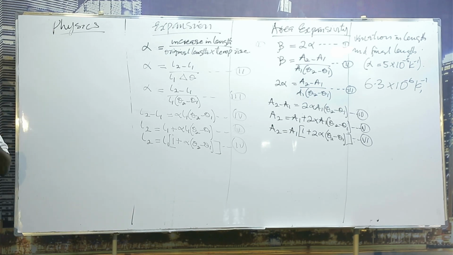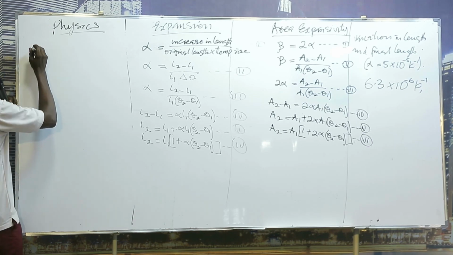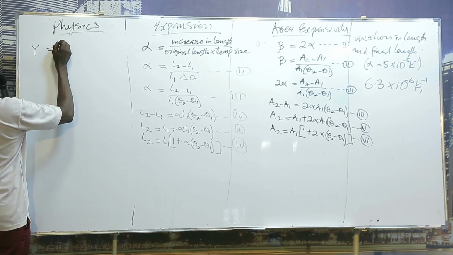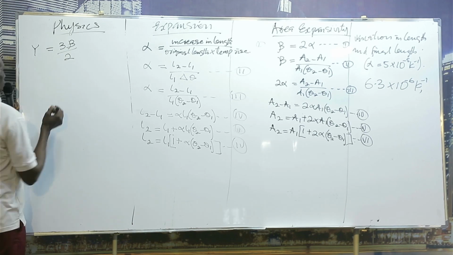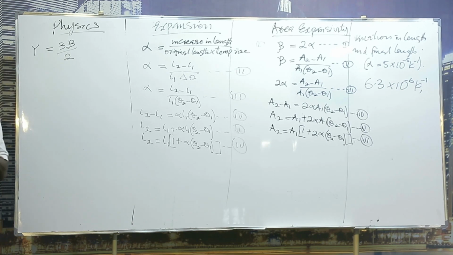The only thing given to us in this question is the cubic expansivity, and we are asked to calculate the area expansivity. So what we need is the relationship. We say cubic is equivalent to 3 area over 2. Then we solve the problem.